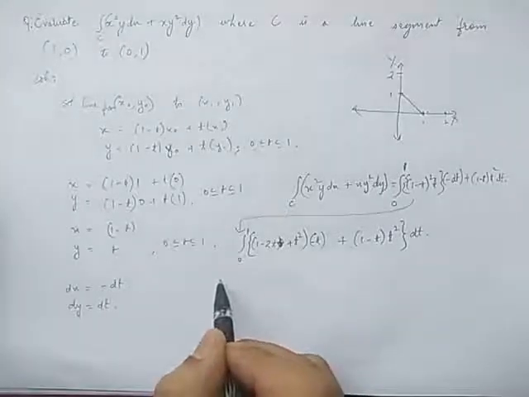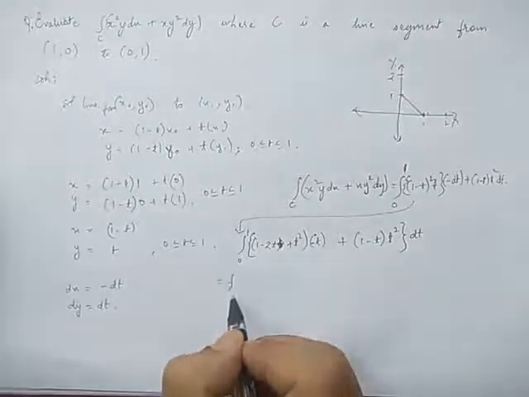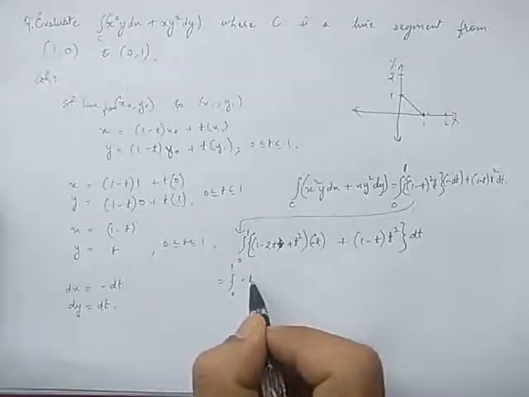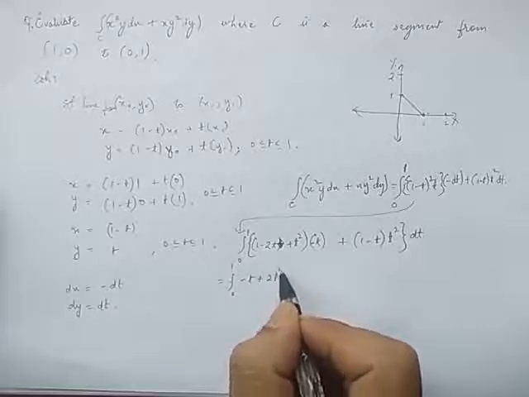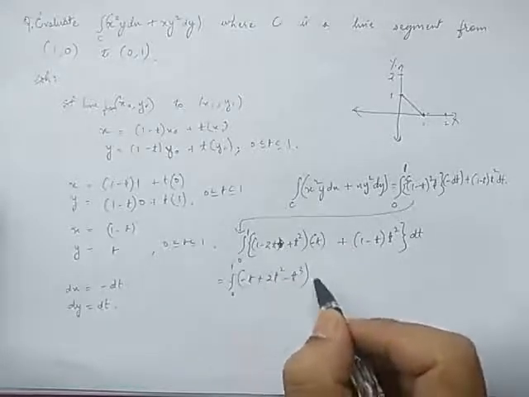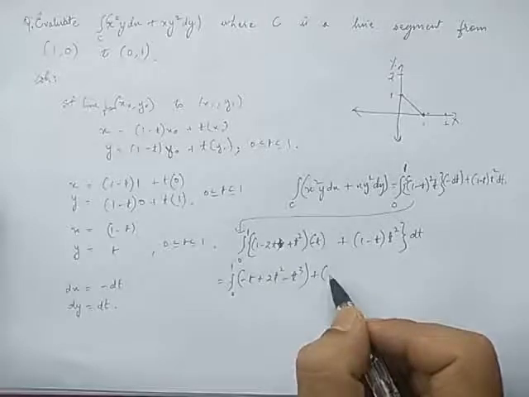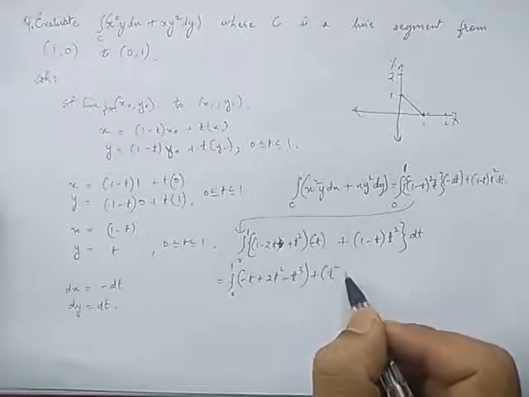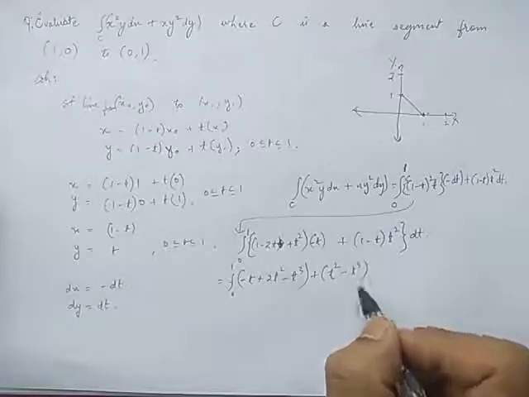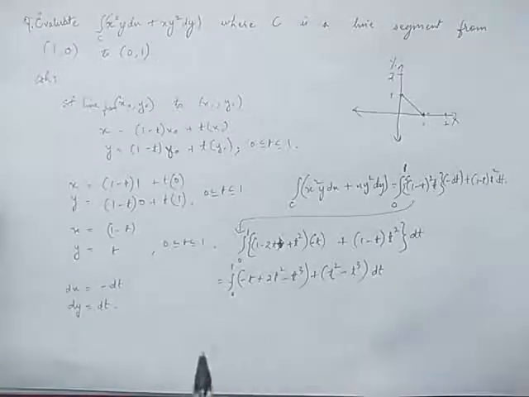So next we will have the integral from 0 to 1 of minus t plus 2t squared minus t cubed, plus t squared minus t cubed, dt.